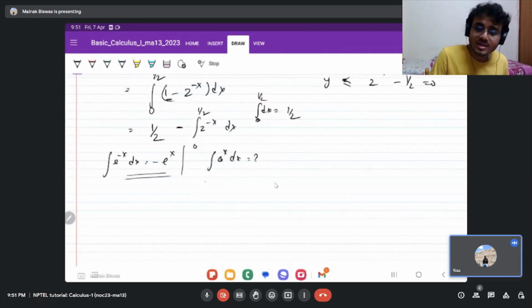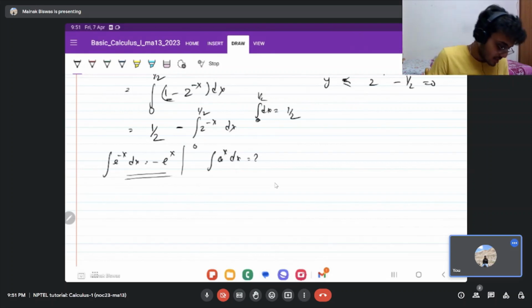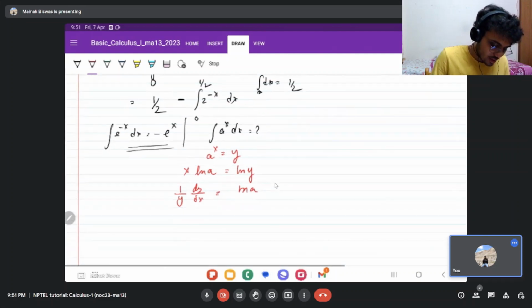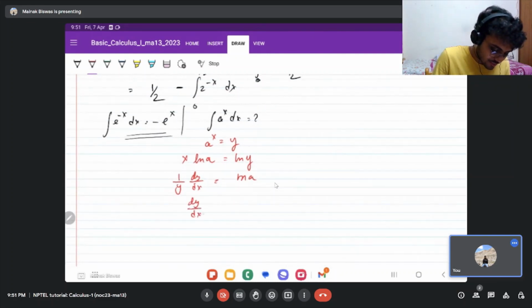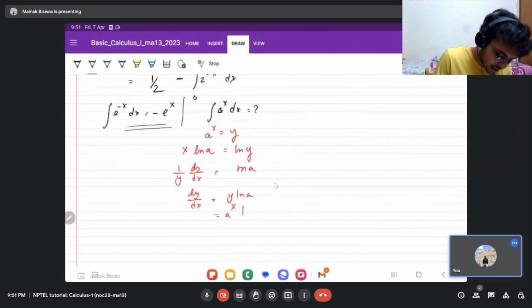So how do you do that? We can do something like derivatives, right? The integral we have seen is a reverse of the derivatives, right? So we know a to the power x is, if it is y, take log on both sides. You have x log a is equal to log y, or 1 by y dy/dx is equal to log a, or dy/dx is equal to y log a, or a to the power x log a.